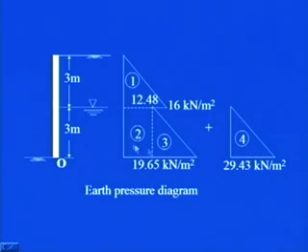So, we know all the forces and their lines of action, and combining all 4 of them together we can find the resultant force and its line of action.